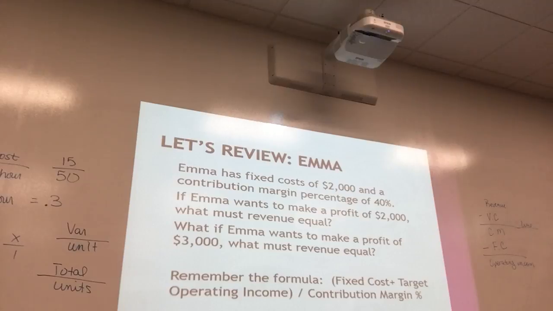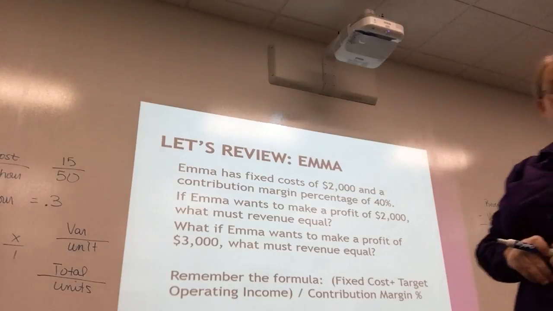So I have 4,000 divided by 0.4. So I would have to have revenue equal $10,000 in order to make $2,000 profit.